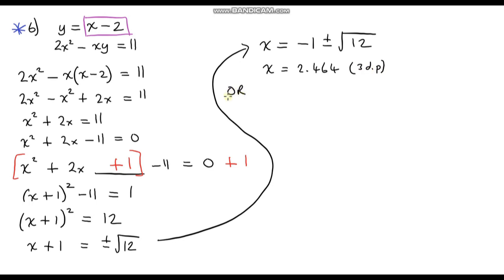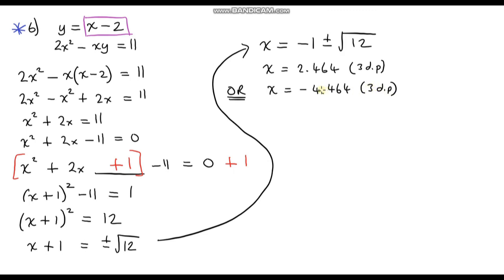Or, remember, we've got two solutions. So I'm just going to replace the positive symbol with a negative symbol. So we're going to subtract root 12, and we get x is equal to negative 4.464. And again, I've rounded that to 3 decimal places. So now we have our values for x.